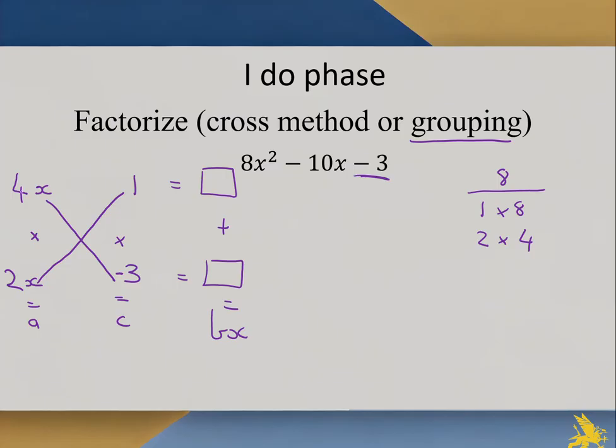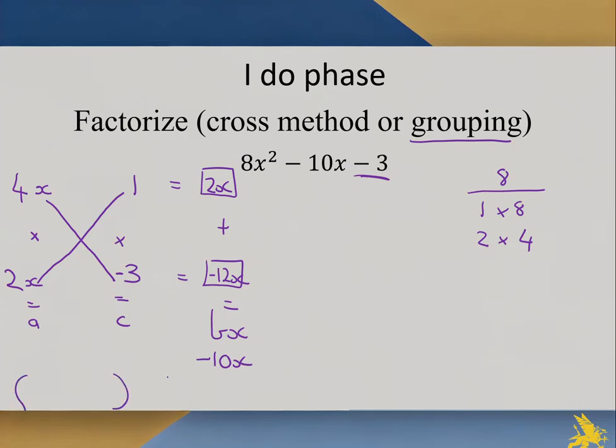Let's double check. 4 times 4x times negative 3 is negative 12x. 2x times 1 equals 2x. And they equal negative 10x.